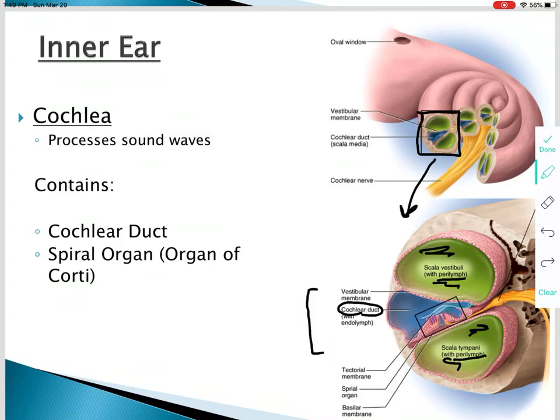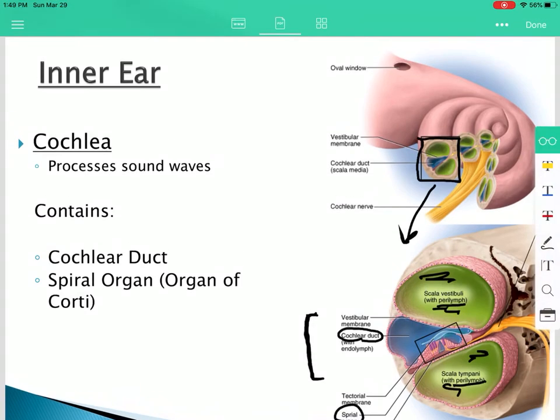It contains fluid called endolymph. Imagine the whole blue area is the cochlear duct. One more specific structure within the cochlear duct is the spiral organ, or organ of Corti.